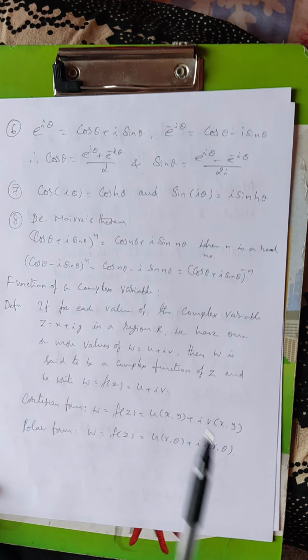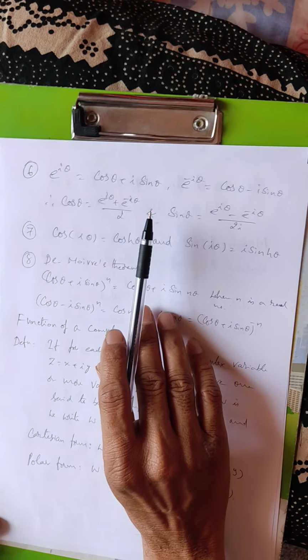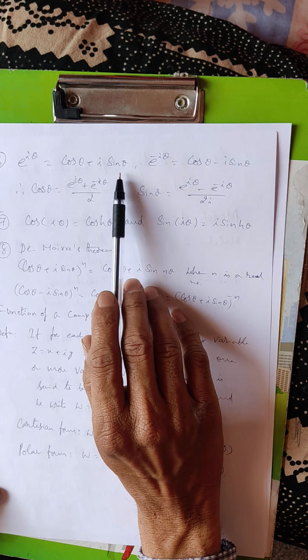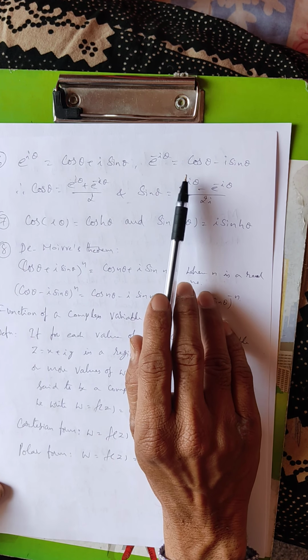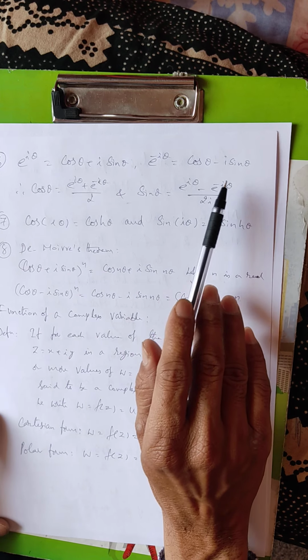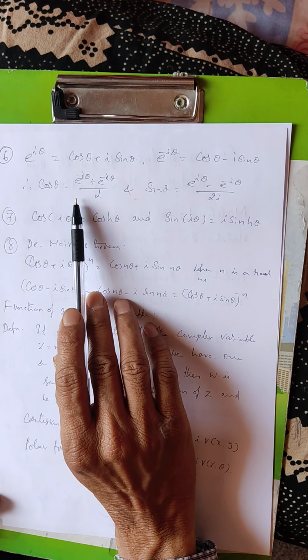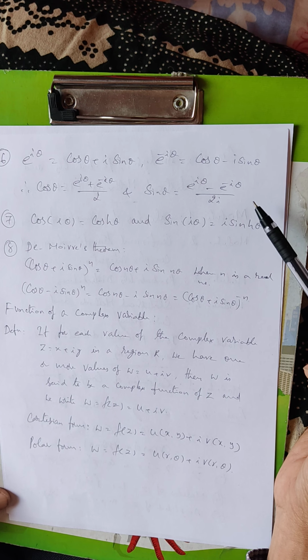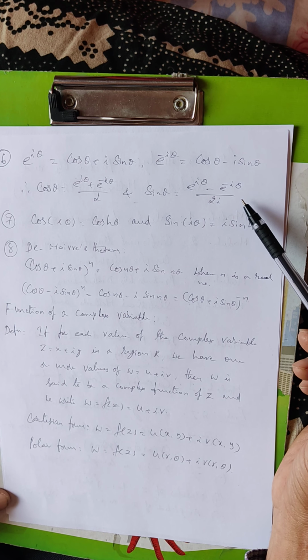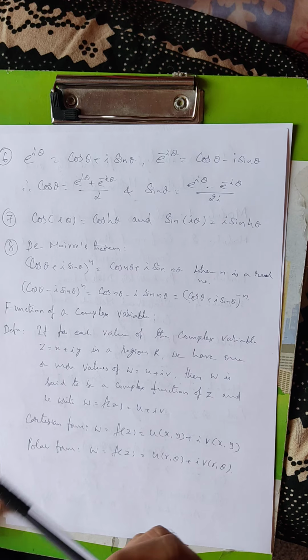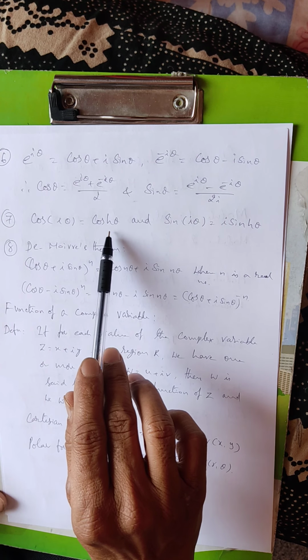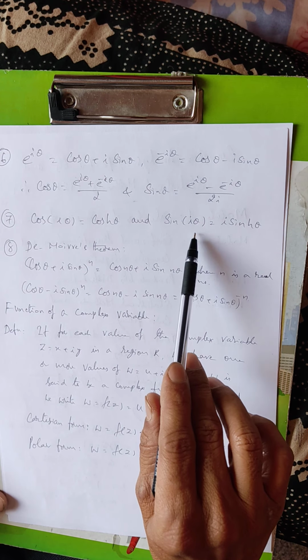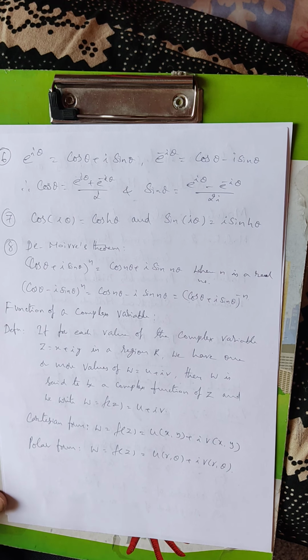And you know e^{iθ} = cos θ + i sin θ. e^{−iθ} = cos θ − i sin θ. So that we can write cos θ as (e^{iθ} + e^{−iθ})/2, and sin θ is (e^{iθ} − e^{−iθ})/2i. And cos iθ is equal to cosh θ. sin iθ is equal to i sinh θ.